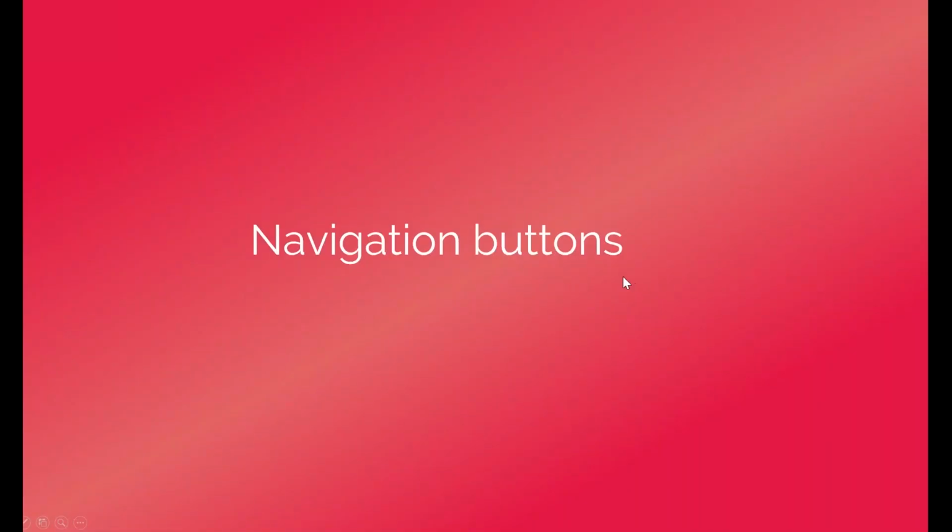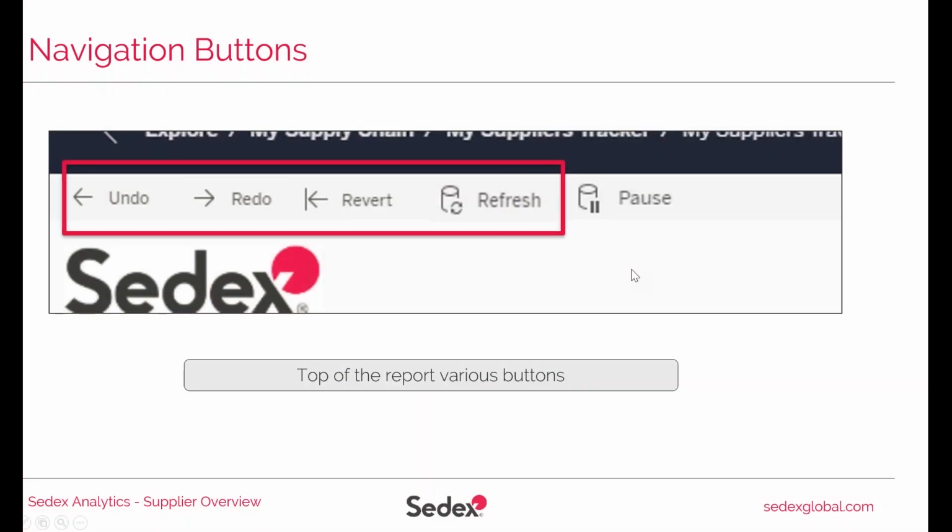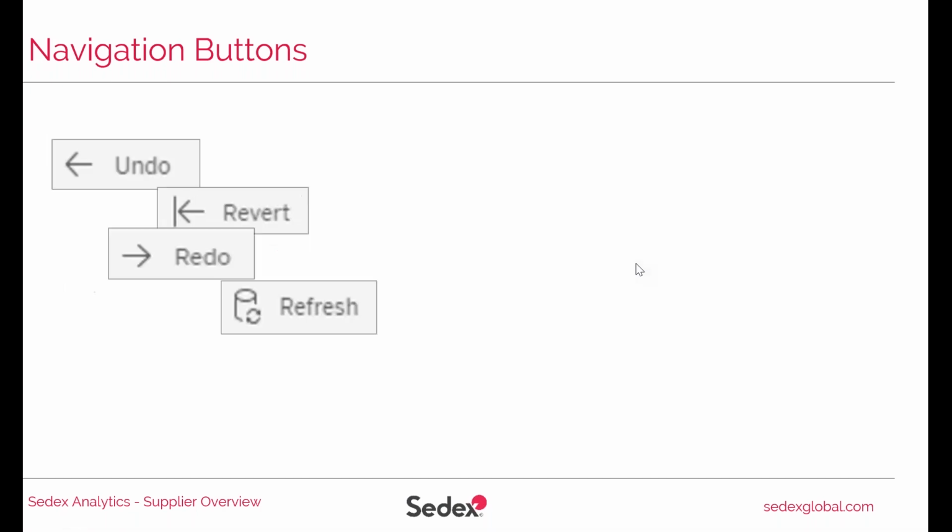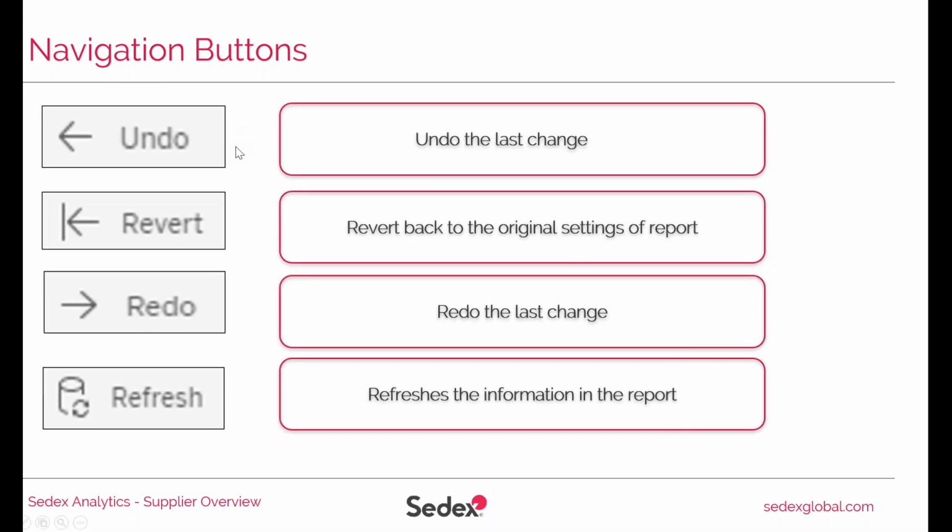Now we just move on to the navigation buttons, to get you familiarized with those as well. When you're in the dashboard, there are some options at the top: undo, redo, revert, and refresh. I think it's self-explanatory, but undo undoes the last change. Basically, when you're adding filters or clicking on the interactive information, those are your filters, and you can undo them.